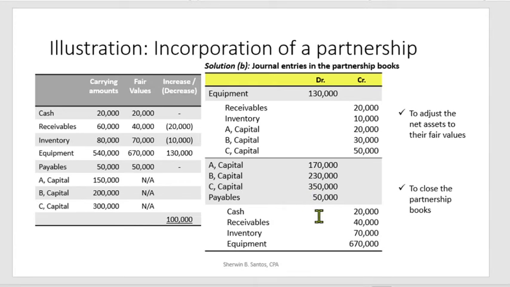Then, credit mo lahat ng items mo for asset, debit cash, receivables, inventory, equipment, 20, 40, 70, 670. So, dapat munang i-restate at their fair value, tsaka mo i-close. So, kung magkano ang restated amounts nila, yun yung i-close mo. Please remember that.